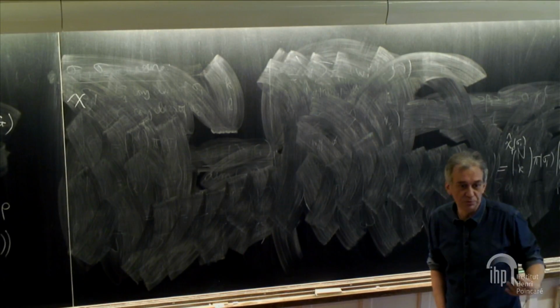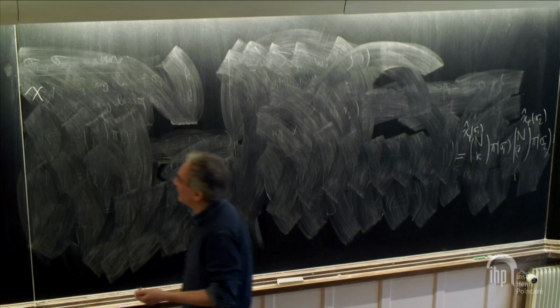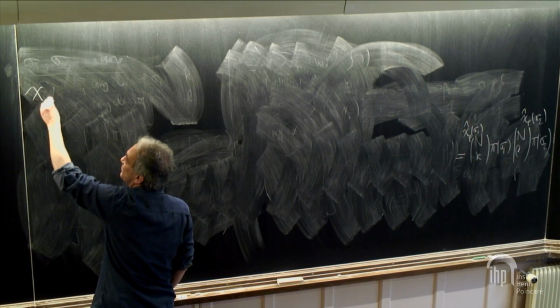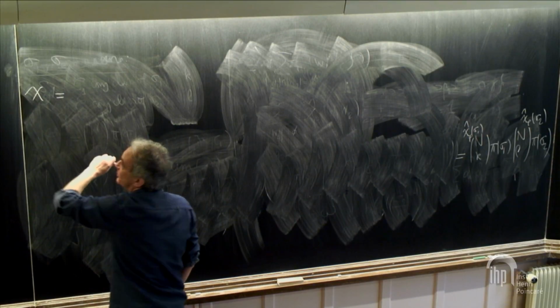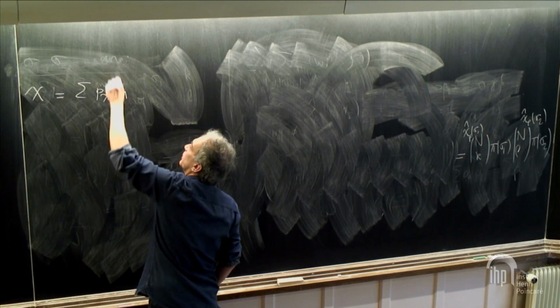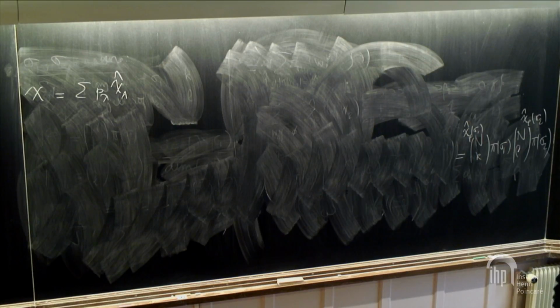You can restrict it to Sn and get a positive type normalized and central function. So if it is defined on S infinity, its restriction to Sn will have some decomposition into irreducible normalized characters, for some probability measure.